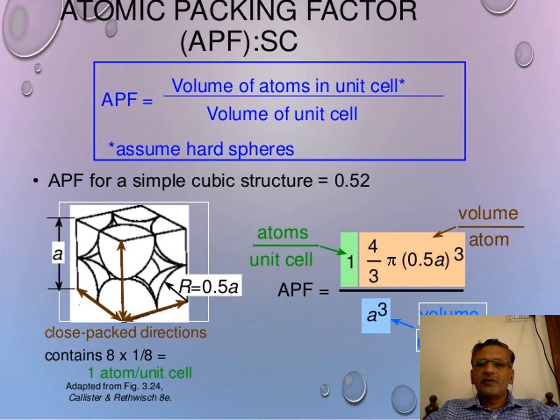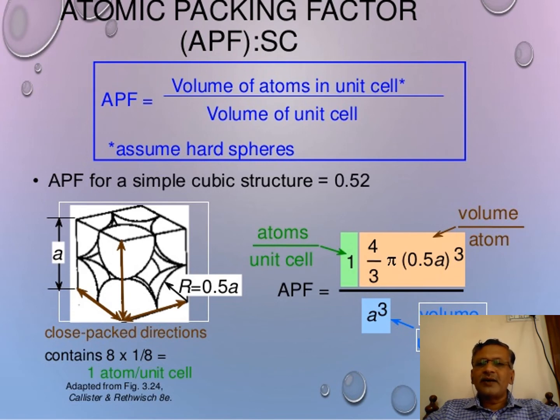We know the volume of the sphere is 4 upon 3 pi r cube. Here radius is 0.5 into the atomic distance parameter a. Therefore, atomic packing fraction for the simple cubic is 4 upon 3 pi r cube, with radius 0.5 a, divided by the volume of the unit cell, which is a cube.